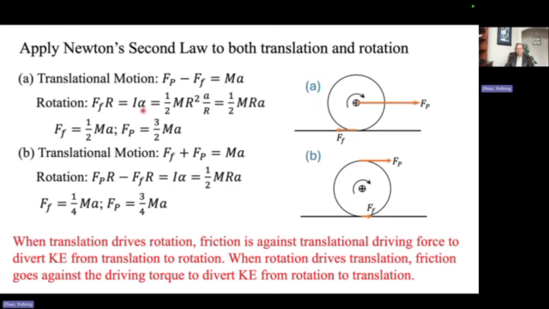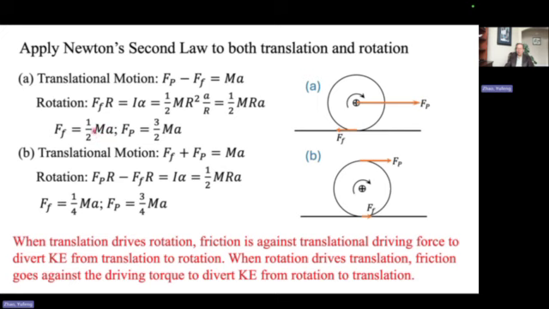Because the rotational inertia for the cylinder equals 1/2 m r squared, alpha, the angular acceleration, equals a divided by R. So we can derive that F friction times R equals 1/2 m R a. Then divide both sides by R, and we get F friction equals 1/2 m a.